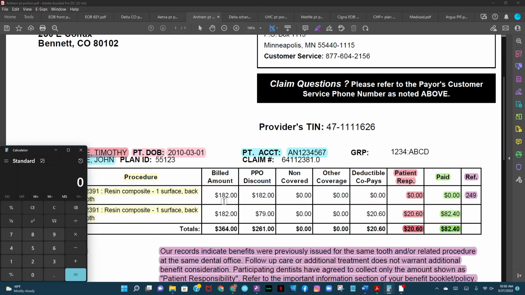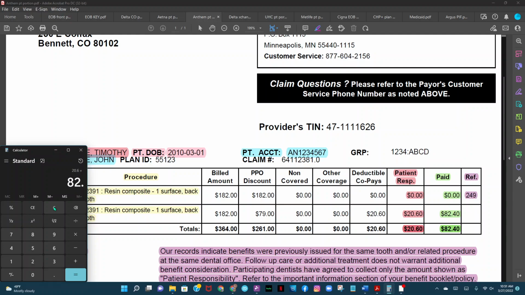As you can see, the billed amount and discount amount are the same, and you'll see here that there is a reference or a remark code. So this is probably a denial here. All right. So what we're going to do is we're going to go down to this next line. As you can see, 182 minus 79 equals 103.